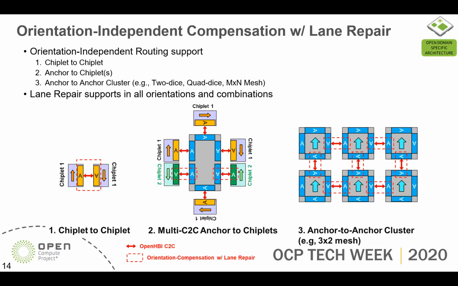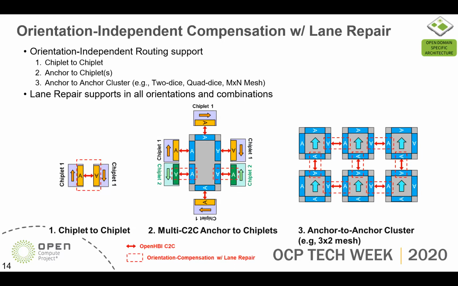For case 3, if an SoC or anchor supports clustering, such as a multi-socket GPU or CPU or scalable accelerators, they will also be in the rotated orientation as shown in the red dotted line boxes here. So in all these scenarios, OpenHBI supports seamless, strict connections, which would otherwise be unroutable as all the signals would be crisscrossed.